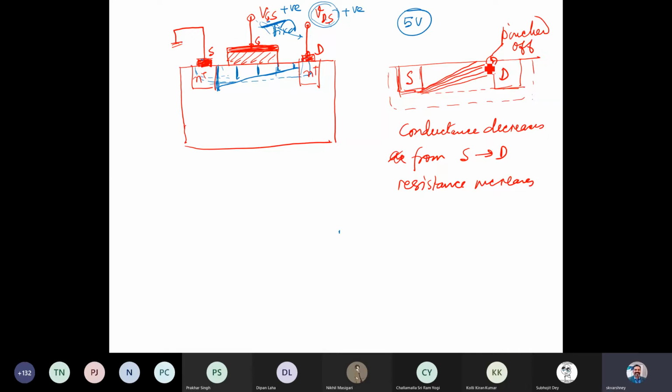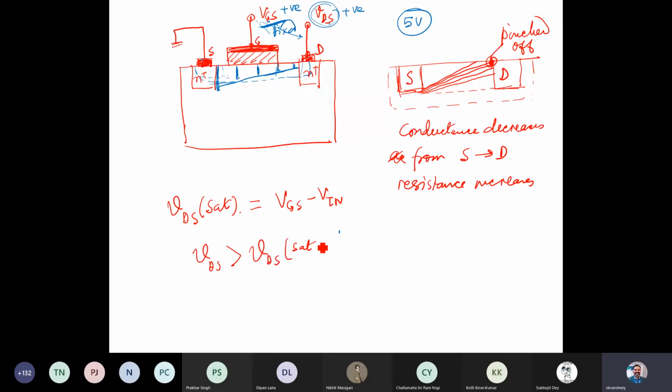But it may happen that if we further increase VDS to a certain voltage, which we generally call the saturation voltage, VGS minus VTN, because we know that if it reaches the threshold voltage VTN, the channel is no longer formed.